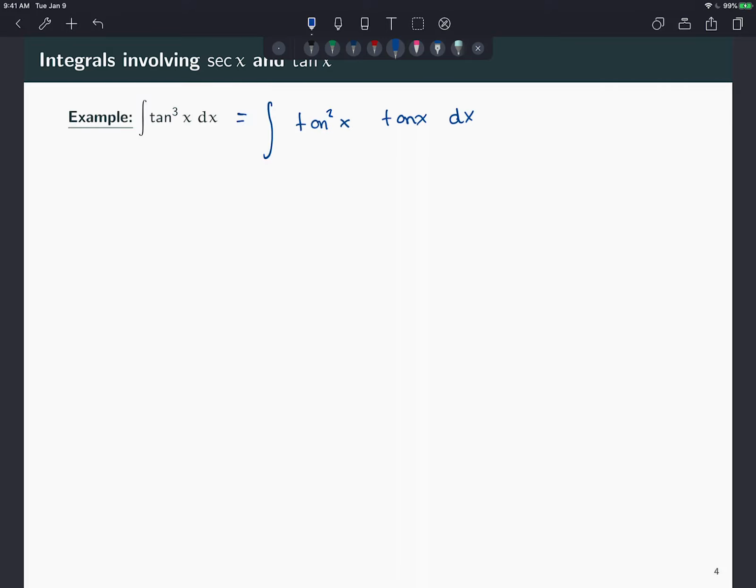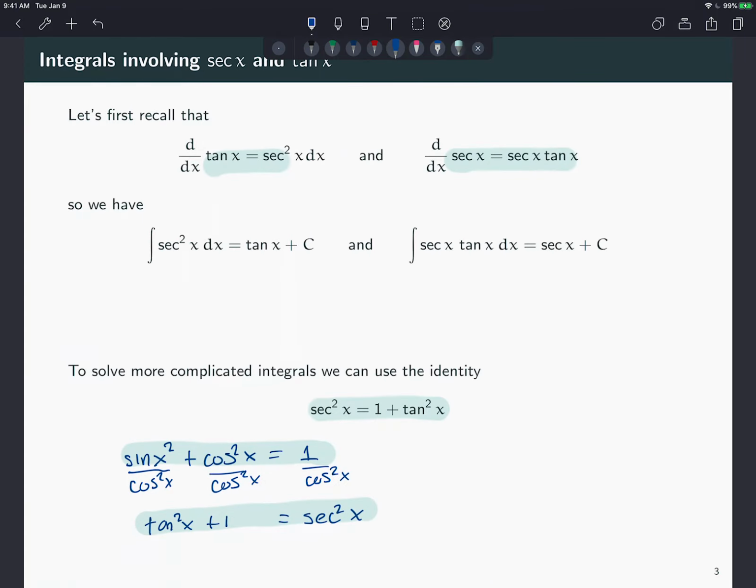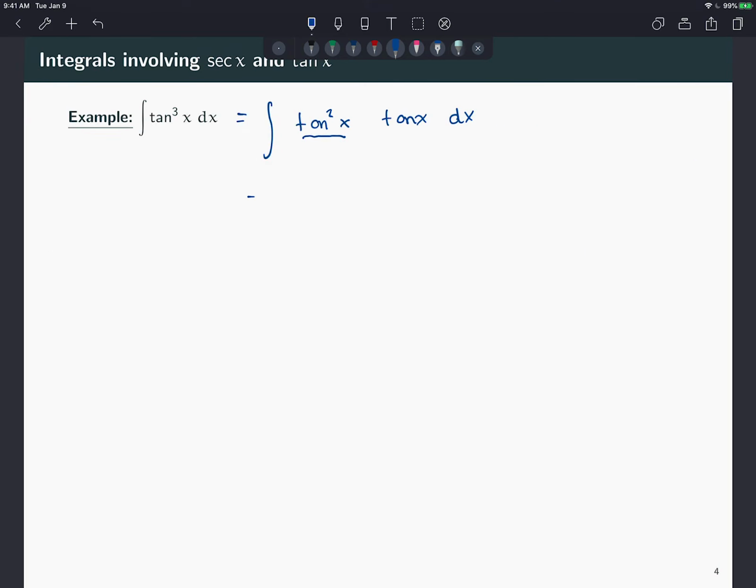Why am I doing that? Because on this first term, I'm going to use my identity to convert it to secant squared minus 1. I'm going to use this identity right here. Solve for tangent squared. So I get secant squared minus 1 times the tangent x dx.